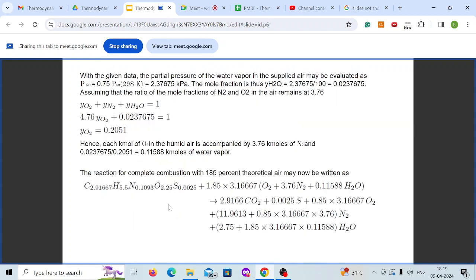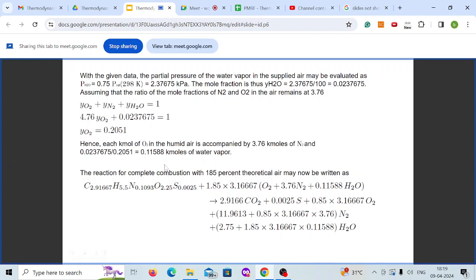The pressure corresponding to that is 2.37675 kilopascal. Relative humidity is nothing but P by P saturated, so P saturated at 298 Kelvin times the relative humidity, 0.75, gives you 2.37675 kilopascal.